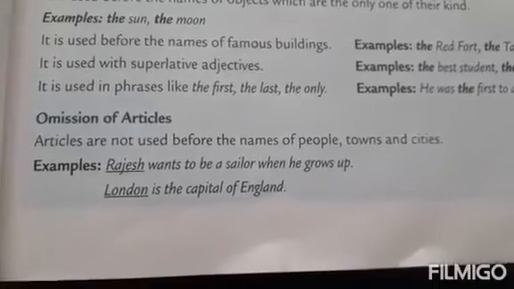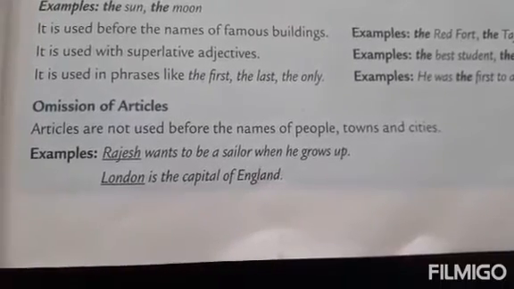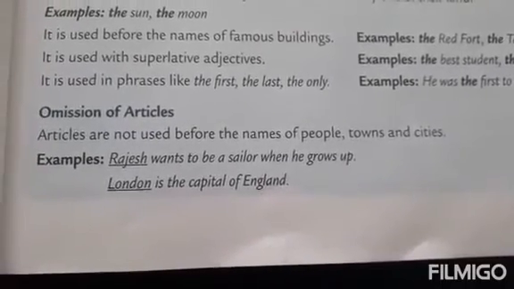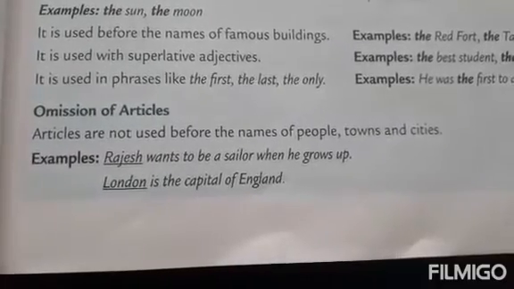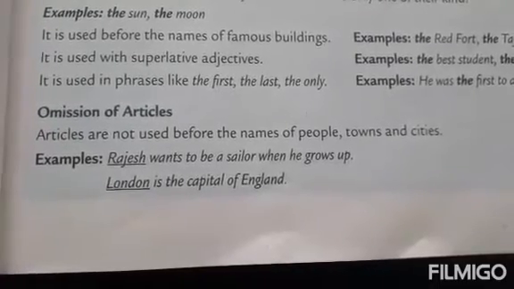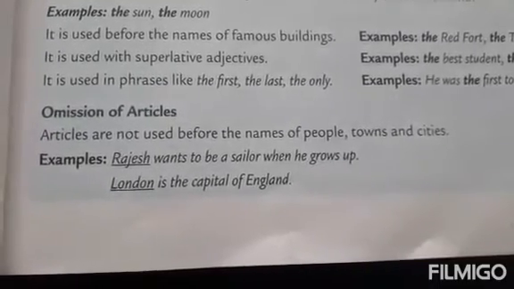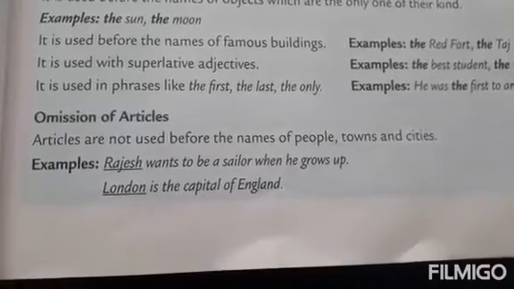For example, Rajesh wants to be a sailor when he grows up. Here articles are not used in front of the noun. Next example, London is the capital of England. Here also the article is not used in front of the noun.